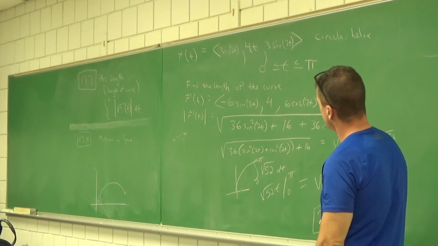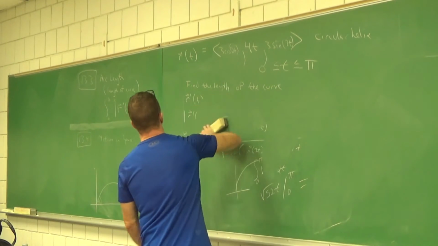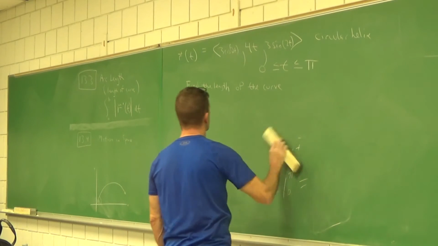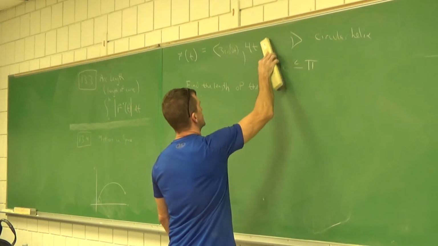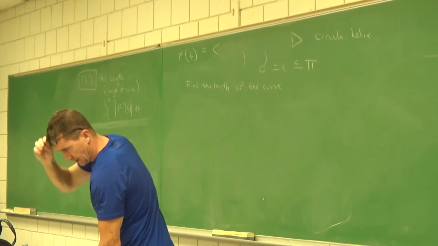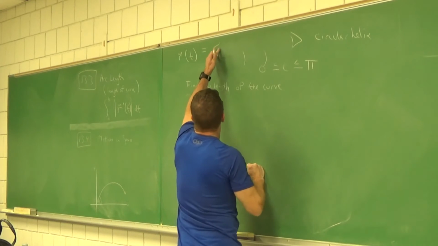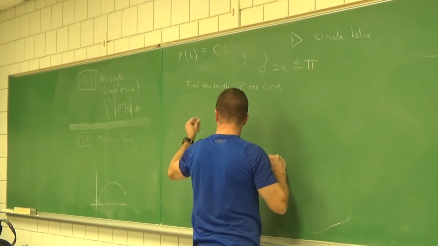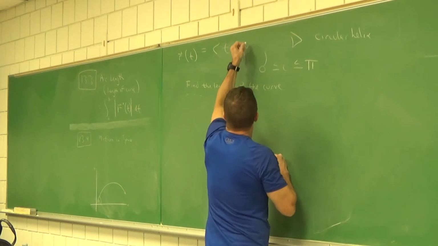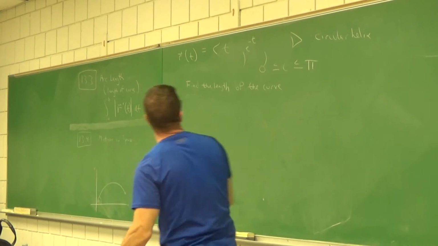Anyone try this one? Find the length of this curve. You get, all right, t. Hey, I'm thinking from the textbook. It's got a t, e to the negative t, and t to the negative t.